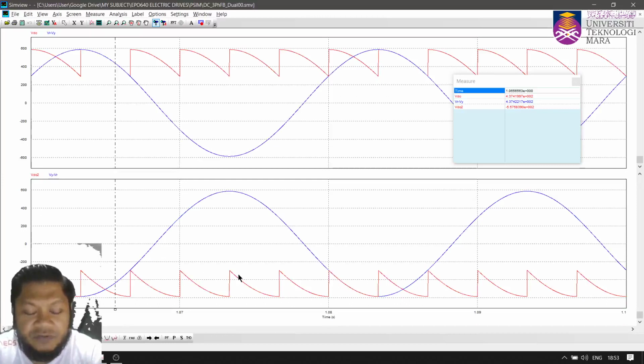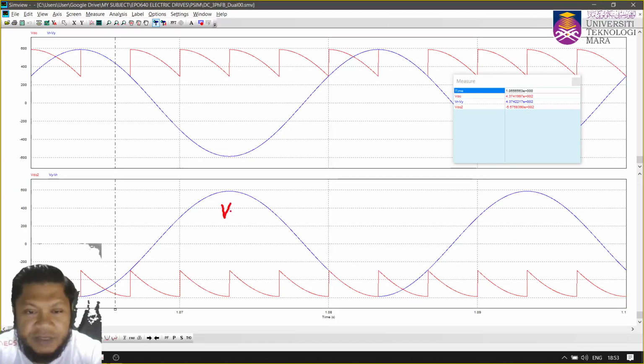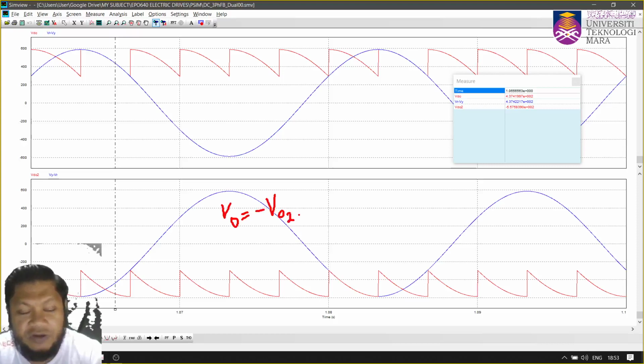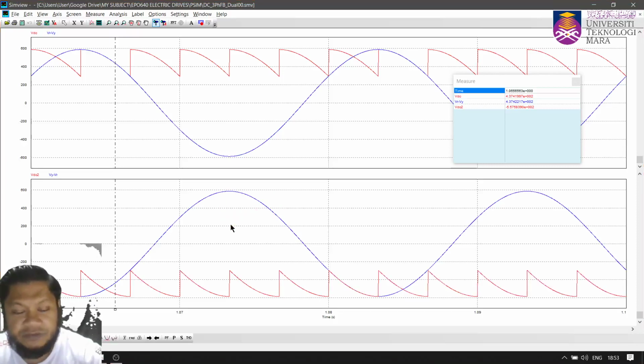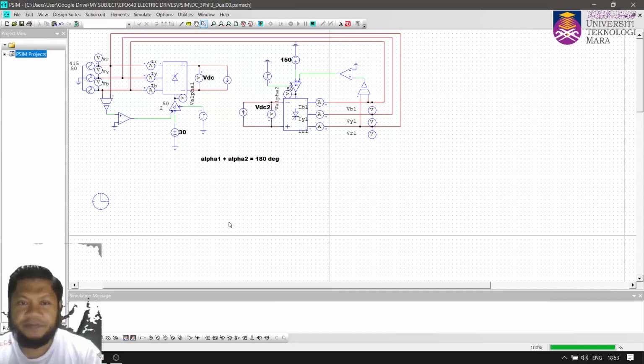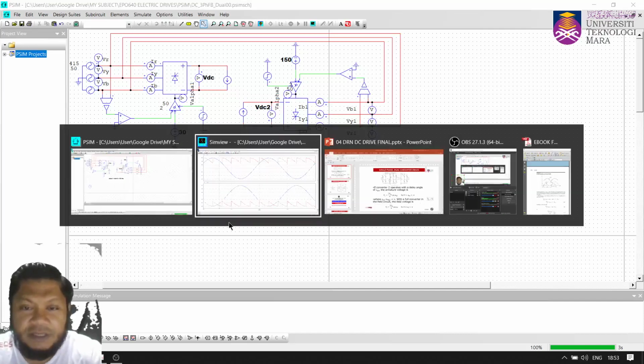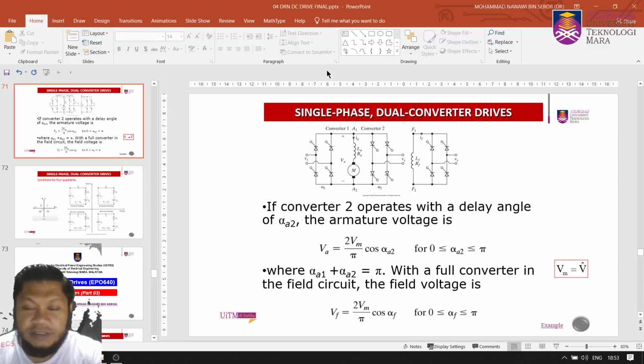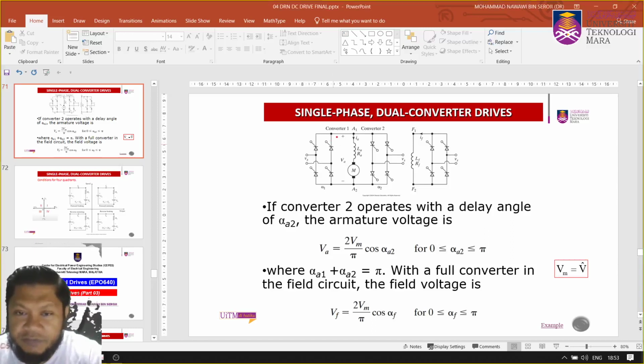But V out is actually equal to negative V out 2, isn't it? It's the negative polarity of V out 2. We'll come back to the circuit again. Look at that. If you combine here, we have V out 1 there, and this is plus minus V out 2, V out 1.